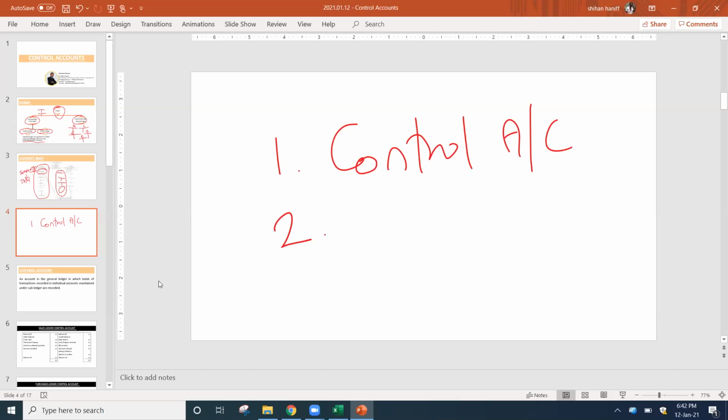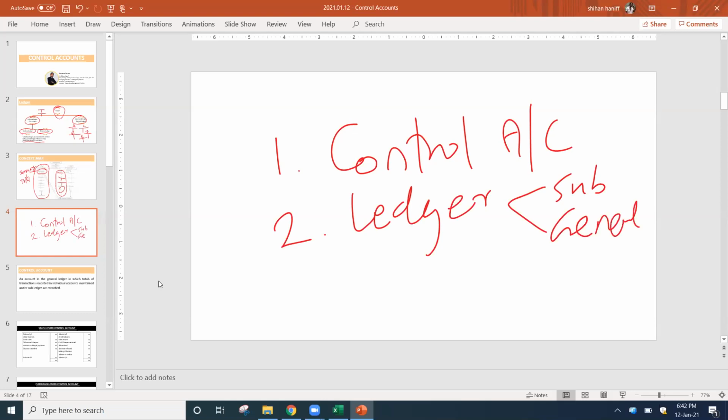Then preparation of the sub-ledger and general ledger accounts: preparation of the general ledger control account and sub-ledger individual accounts for debtors and creditors.